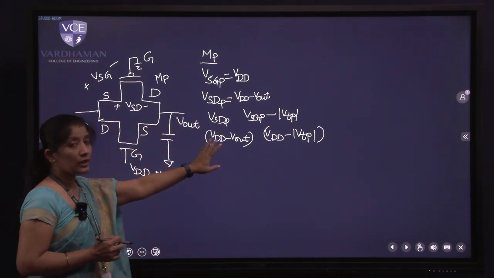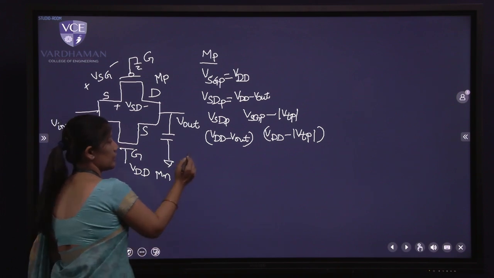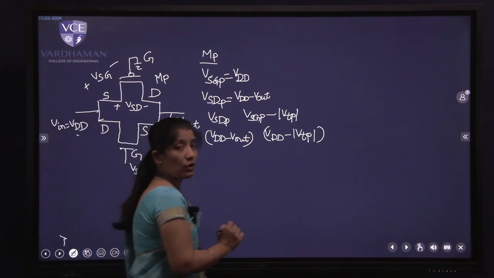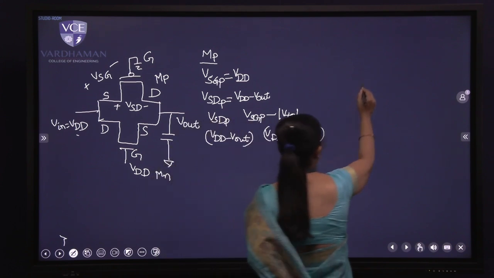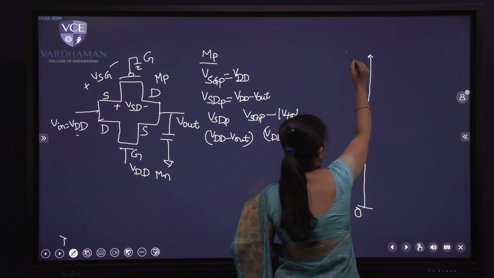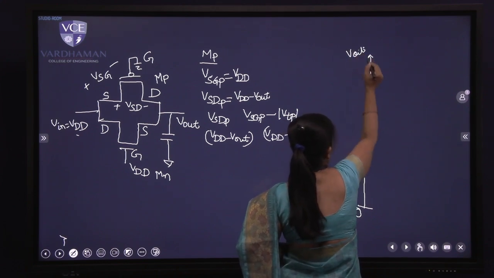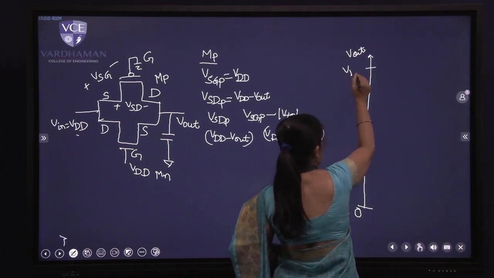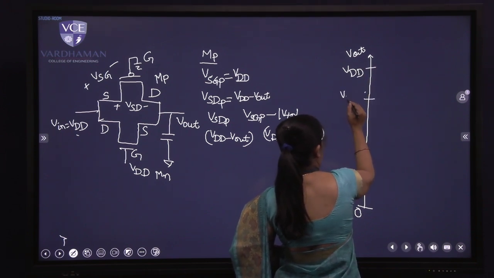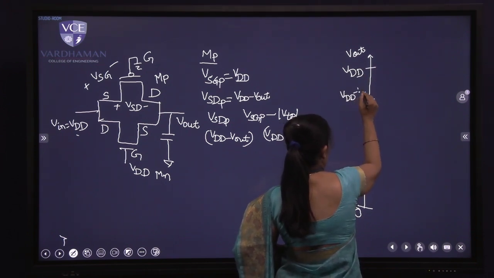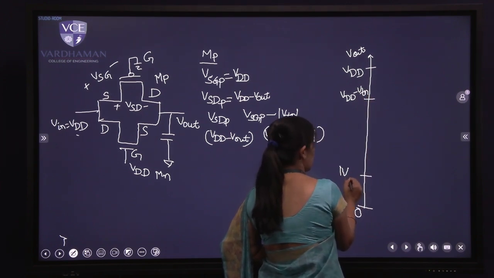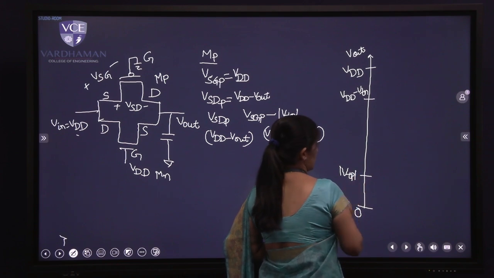This is one term on LHS, this is one term on RHS. Now, if you see the relationship here, let us take the starting point. Your output is increasing from 0 towards high voltage. So if I draw your output curve here, first the output is 0. Maximum voltage is VDD. Then I have a point for VDD minus VTN. Then here slowly the output is increasing, so I have a threshold voltage of the PMOS transistor.